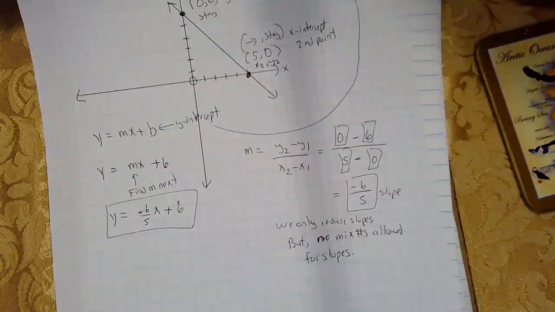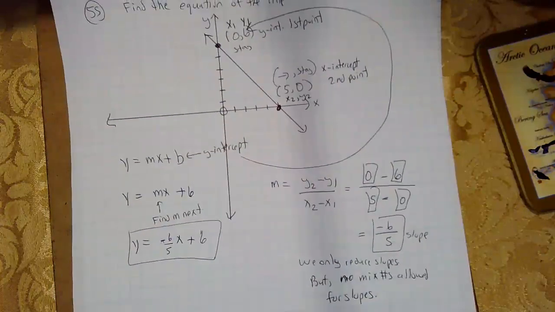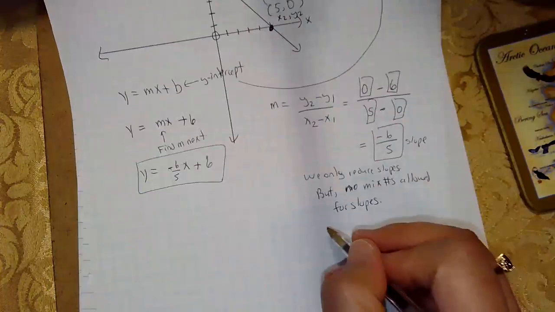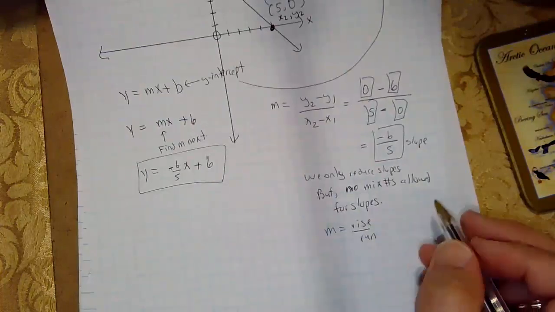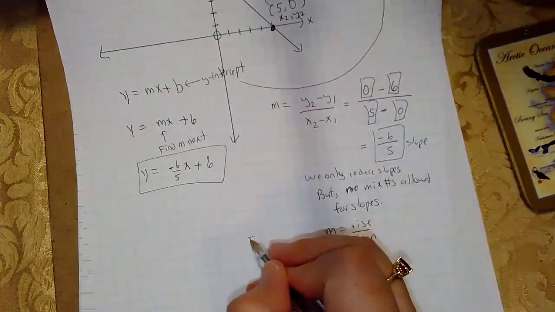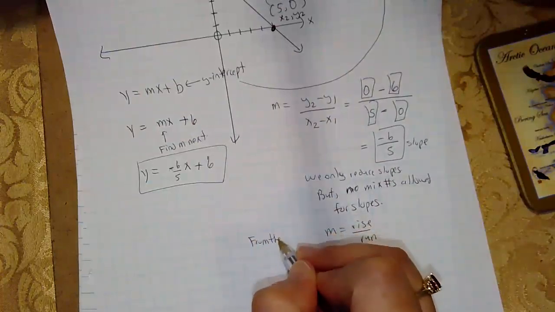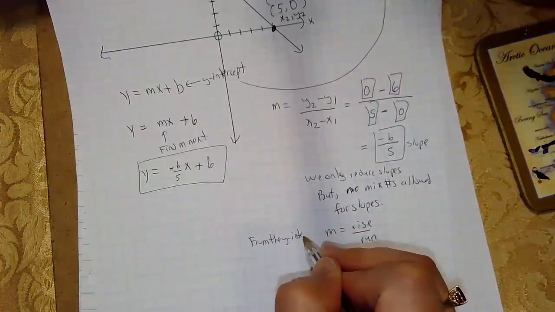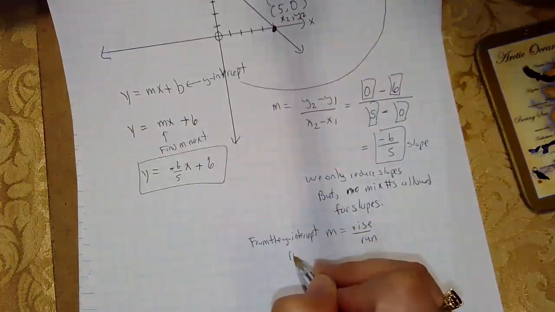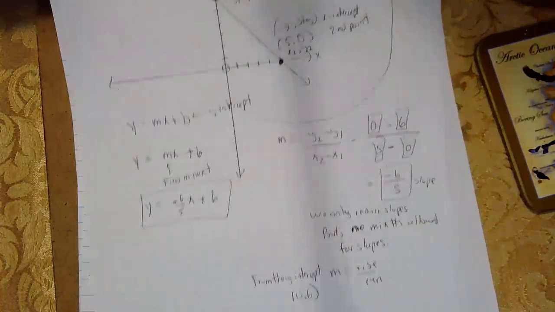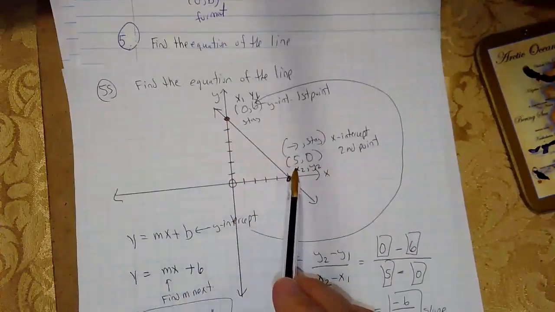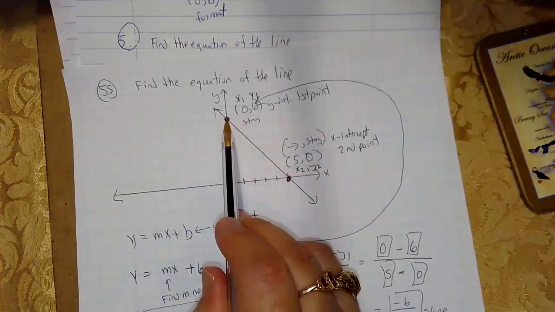Okay, so again, if you're trying to eyeball the slope, because m does equal, like we said, rise over run, and this is from the y-intercept, which was 0, 6. So from the y-intercept to get from this point to this point, your rise over run. So your rise, you had to go down.